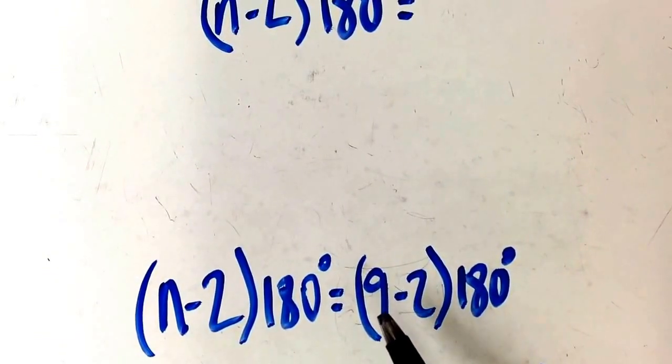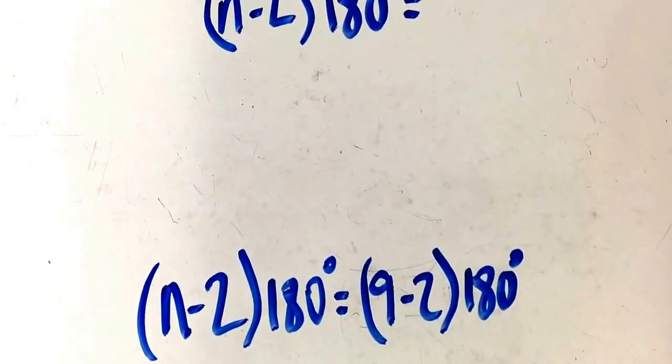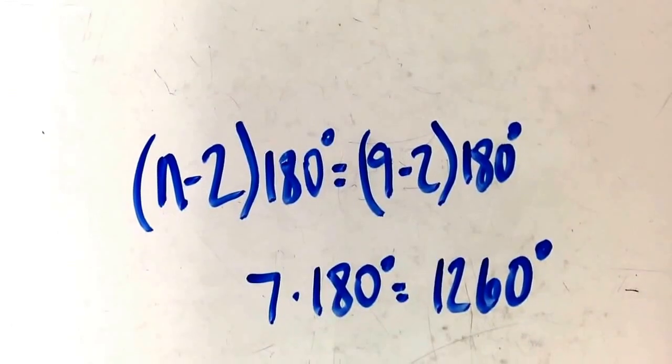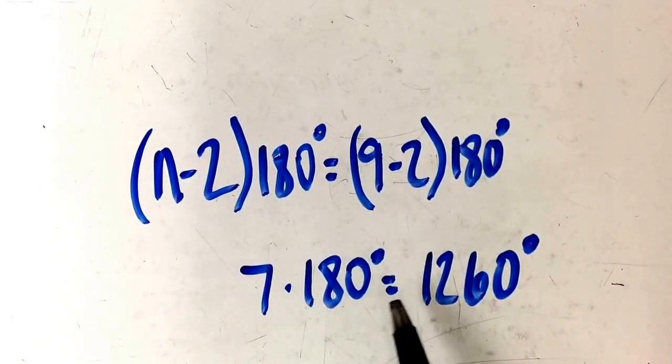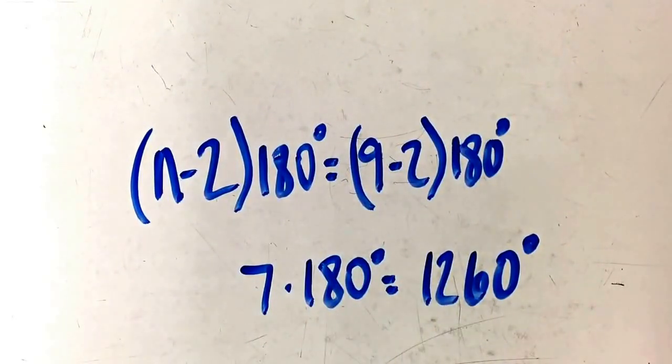So I would plug in 9, and so I do 9 minus 2 times 180. 9 minus 2 is 7, times 180 degrees equals 1,260. So what that tells me is that I've got 1,260 degrees inside of all of my 9-sided figures.